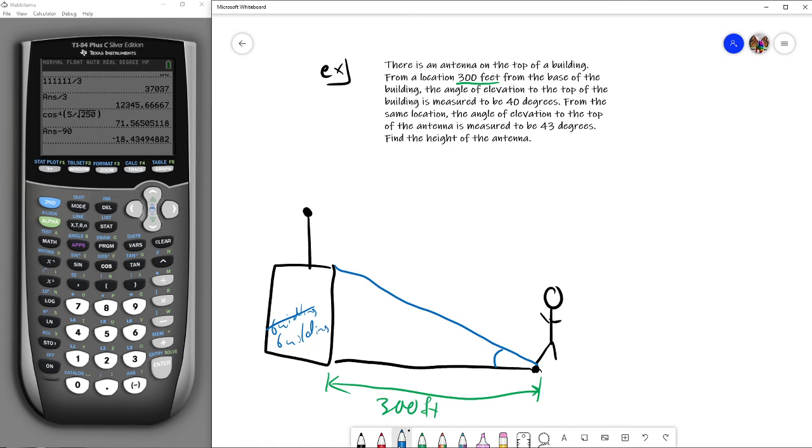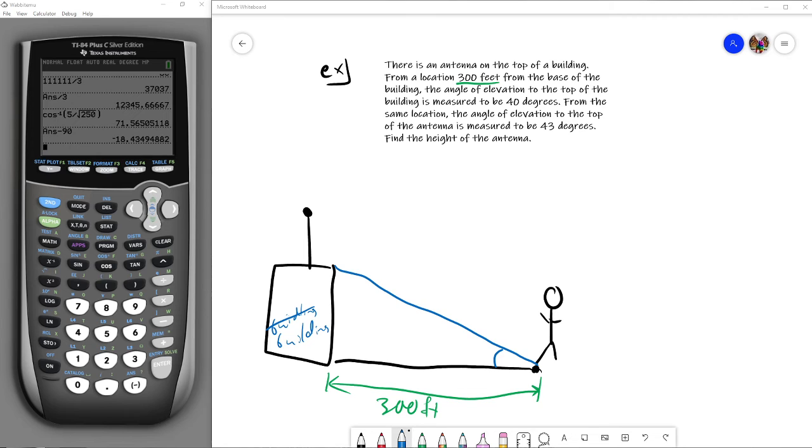So, it says the angle of elevation. Angle of elevation means from some nice horizontal line, we're going up above it. So elevation, just think we're rising. And if there's an angle of declination or depression, that means it's going below the horizontal line.